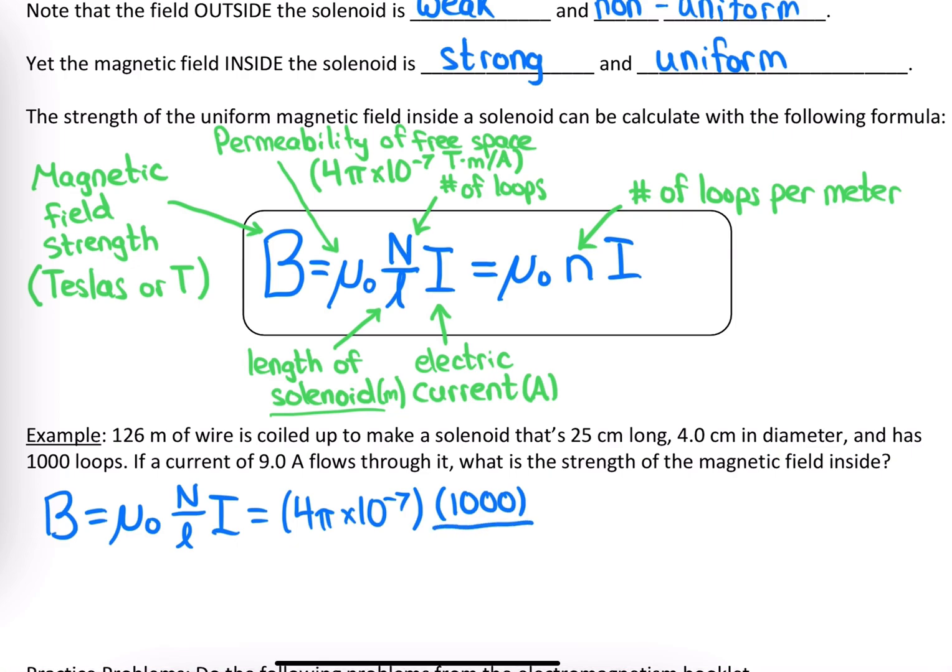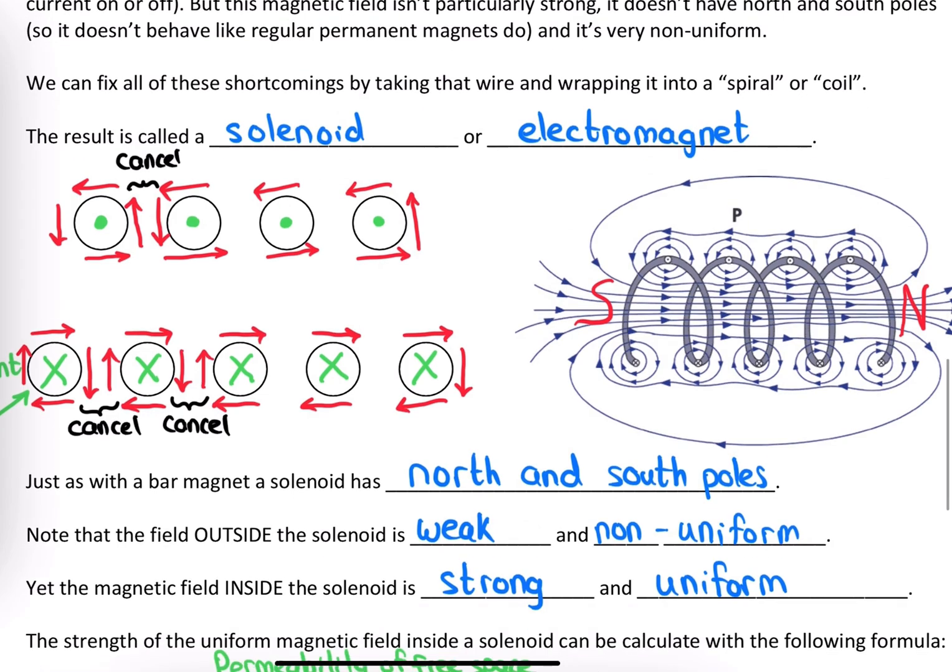Now I have a bunch of things that are sort of distances here. I've got the total length of wire that I started with. Then after it's coiled up, I have an actual coil, a solenoid, and it's got this as its diameter and this as its length. Well, the number that's relevant is this middle one, the length of the finished solenoid. Remember, it's not the diameter from here to here.